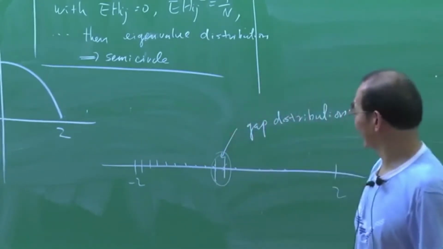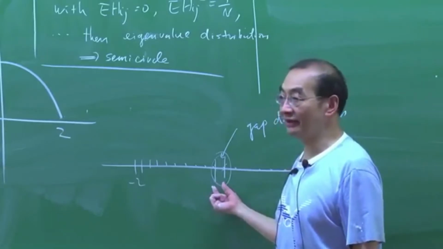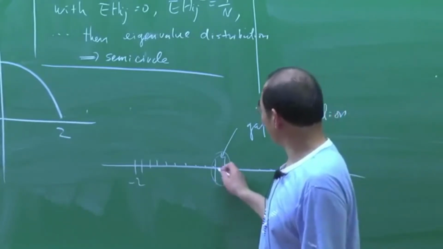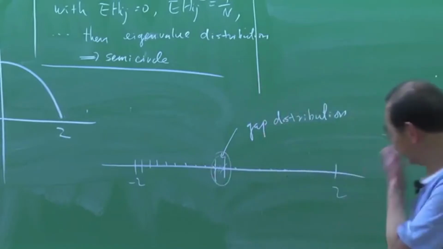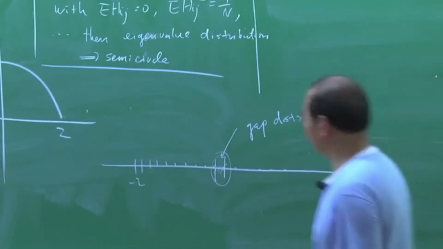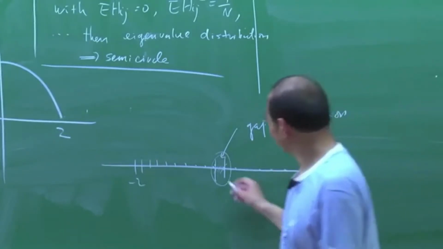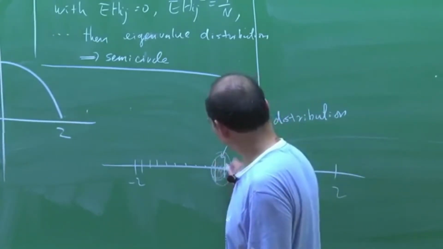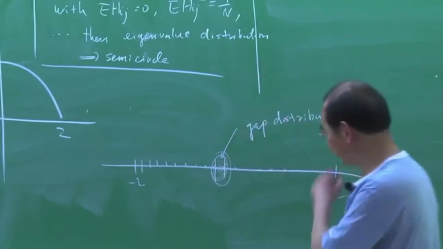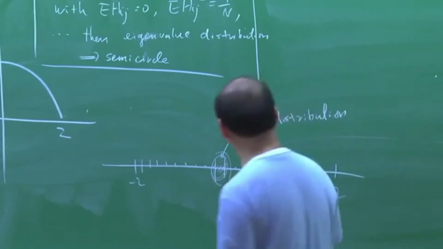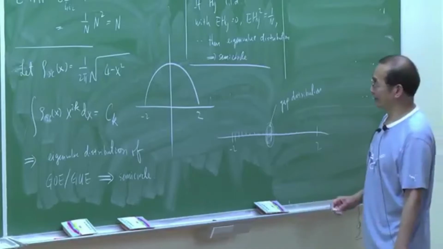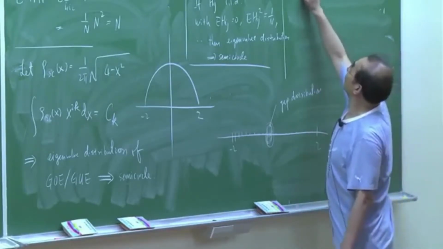In physics, this is the so-called excitation energy. So he was asking what's the excitation energy probability distribution. There was no tool to do this, so we're going to make a guess. This is the so-called Wigner surmise.